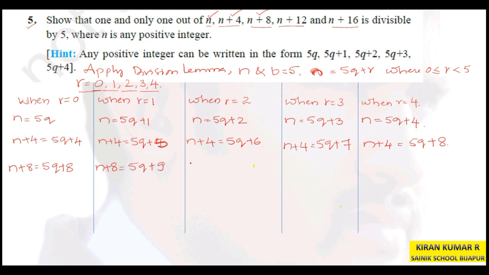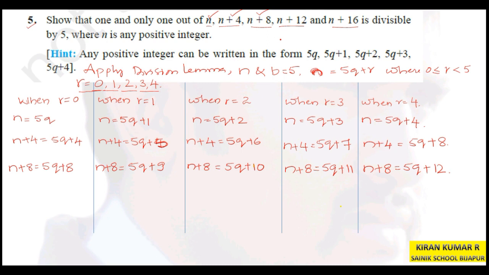When remainder is 2, n plus 8 value becomes 5q plus 10. When n plus 8 for remainder equal to 3 will become 5q plus 11. N plus 8 when remainder is 4, it becomes 5q plus 12. That is for n plus 8.